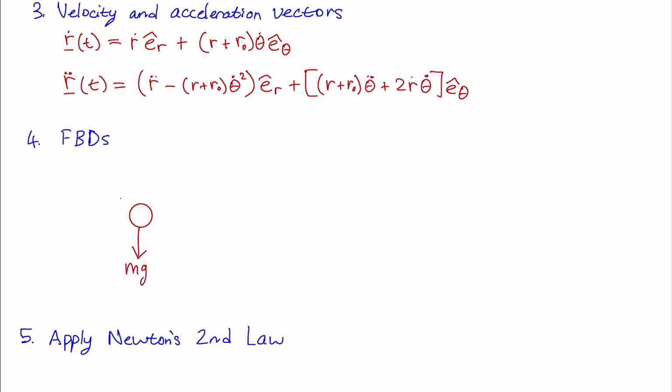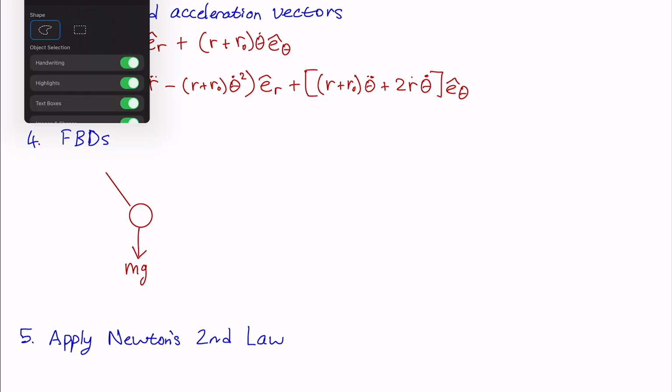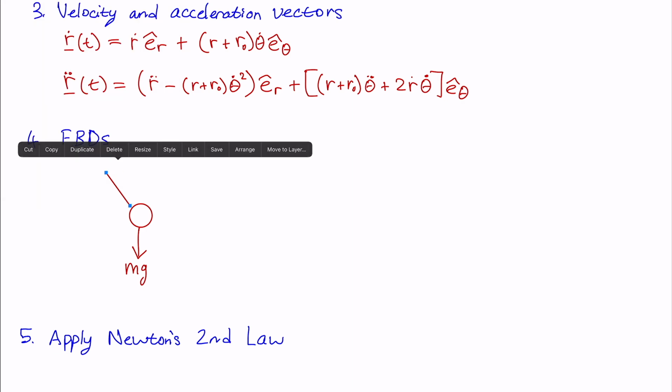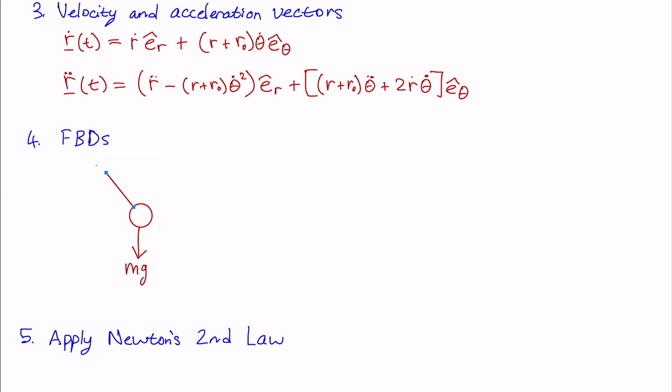Then we have the spring force here. The spring force is just kr. These are pointing in directions that are not perpendicular to each other, implying that we're going to have to break one of these down into components so that they're in the same coordinate system.